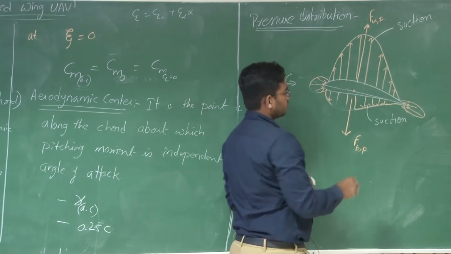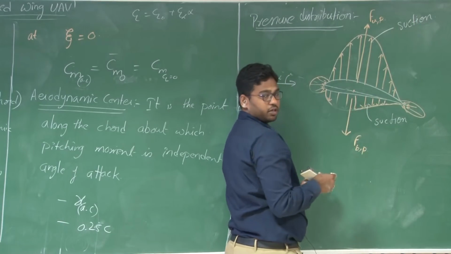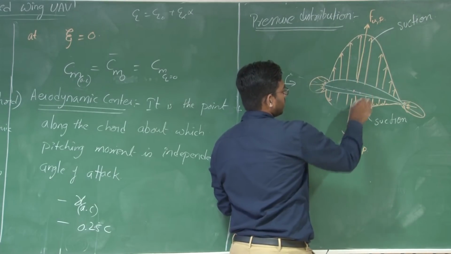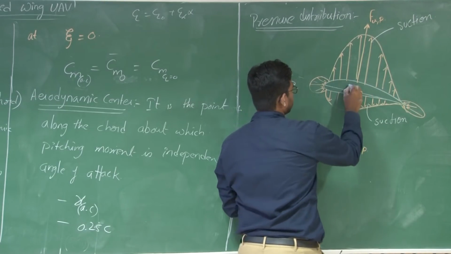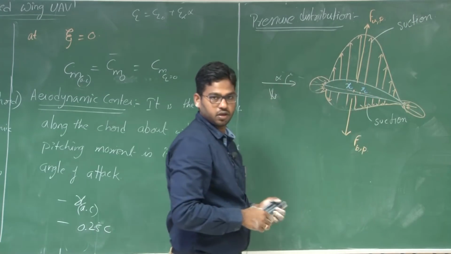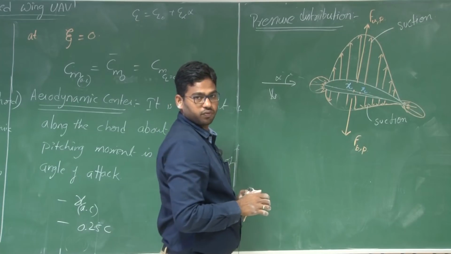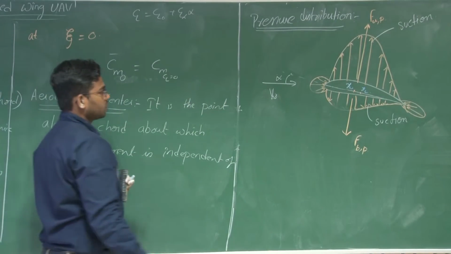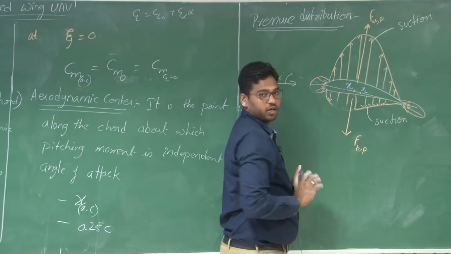The bottom surface integrated force will also act at a certain point, say x upper surface and x lower surface. So for a symmetric aerofoil, the pitching moment about the aerodynamic center is 0, because these 2 points coincide.